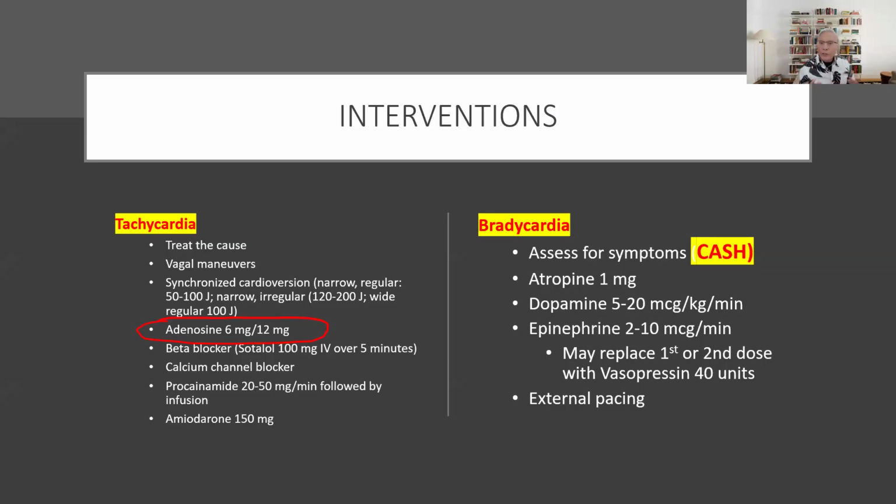Okay? Now, the other drugs that we could give are beta blockers, like sotalol, for example. So remember that anything that ends with an "ol" is going to be a beta blocker. Labetalol happens to be both an alpha and a beta blocker, beta 1 and beta 2 blocker. All right, calcium channel blockers could also be given.